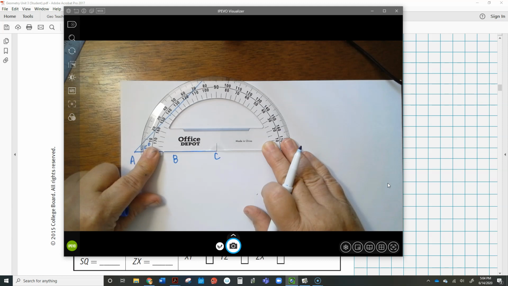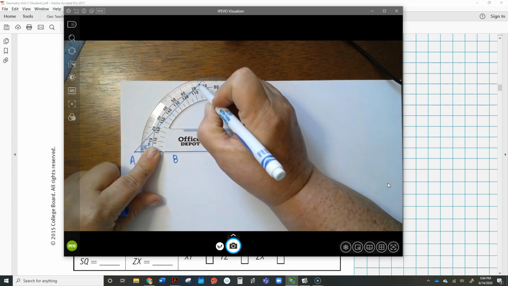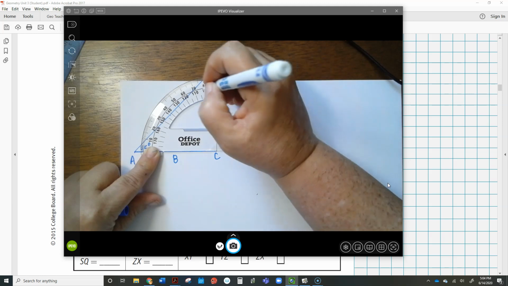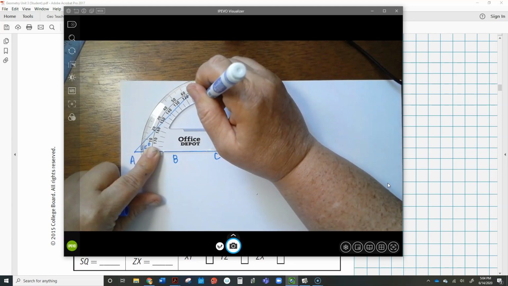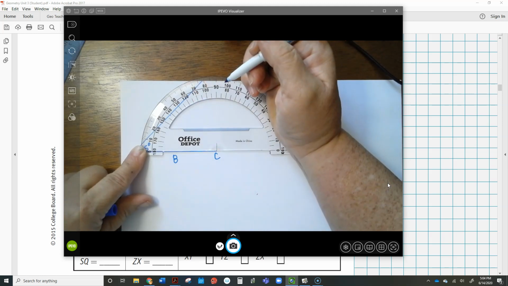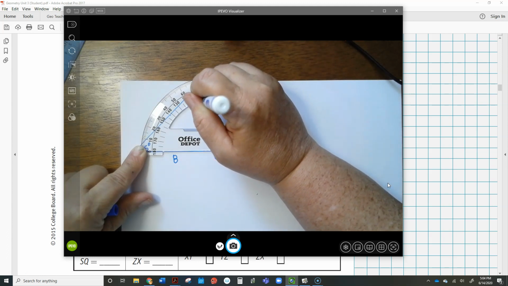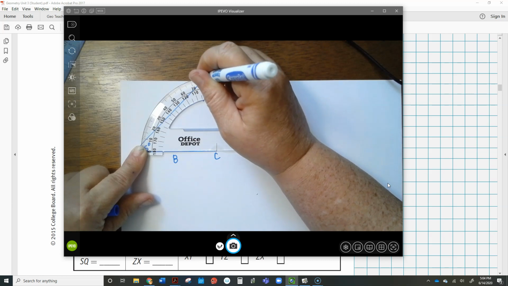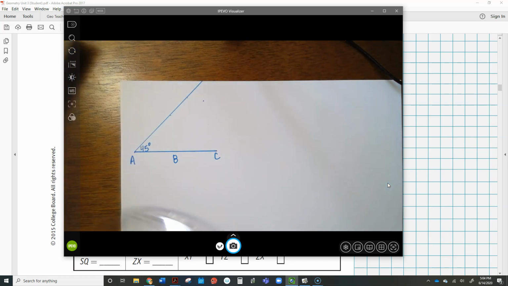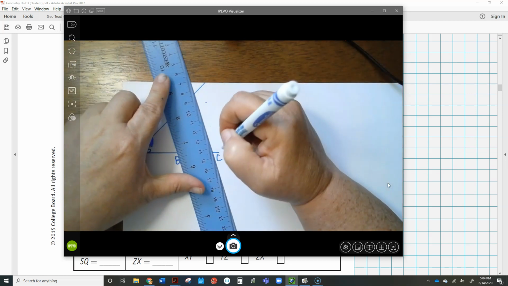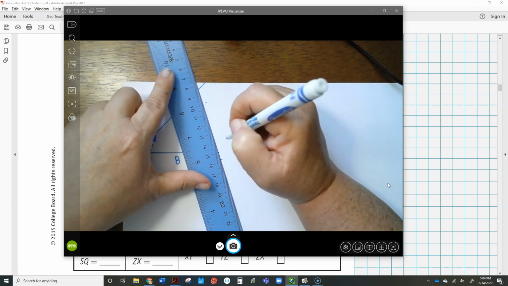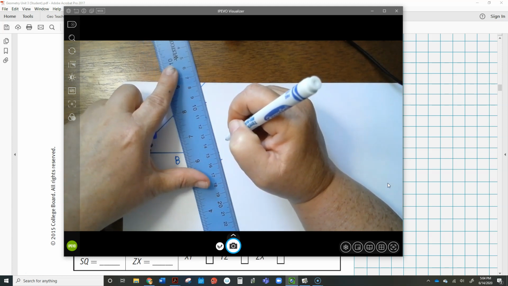I just like the fact that I'm looking right here at 75, and 75 looks like it's going to be almost exactly where that line is. So I'm going to go ahead and use the 75 mark. Make sure. Okay, so 75 is right there. It's off the page on that one, so I'll just have to go with one mark. And line up the end of that line segment with that dot.